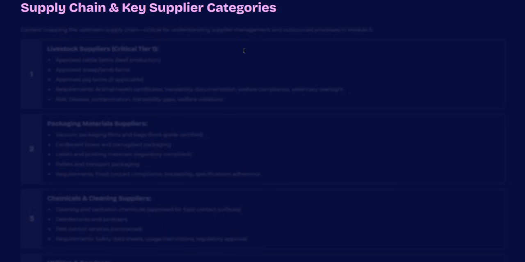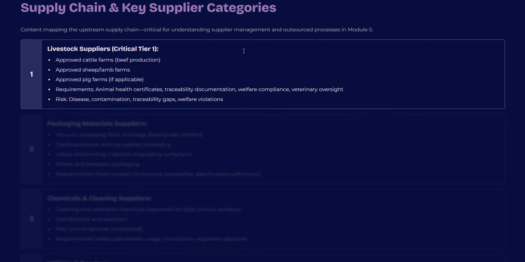Supply chain and key categories. Let's look at them here, because this slide maps the upstream supply chain, which is critical for understanding supplier management and outsourced processes that we will discuss in Module 5. So first, let's start with livestock suppliers. This is a critical tier one supplier.